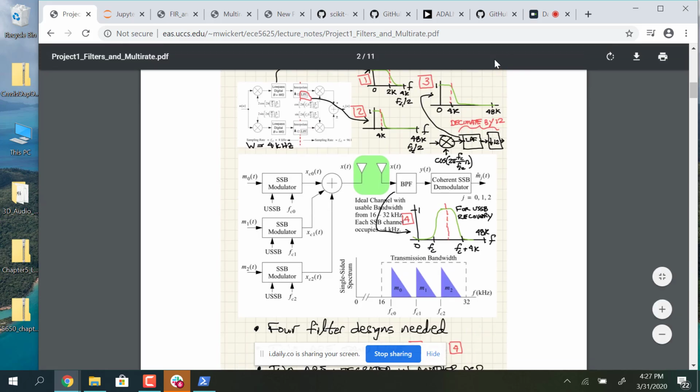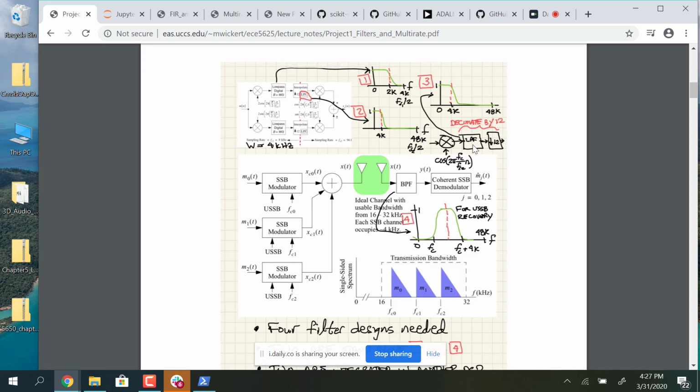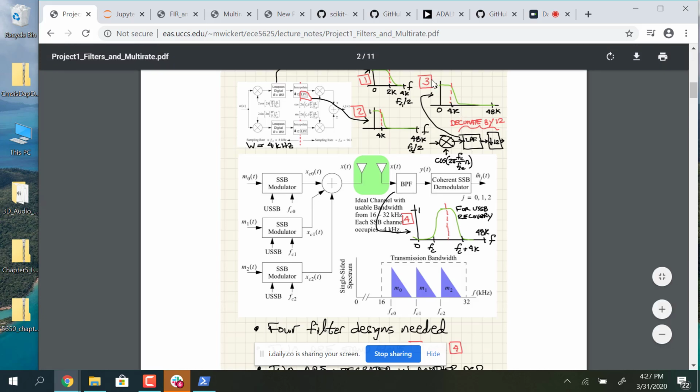And then the second two filters that you need are in the coherent demodulator. You need a low pass filter for a decimator that downsamples from 96K back to 8K, and that filter can serve both as the decimation low pass filter before you downsample by 12, and also as the low pass filter in your coherent demodulator. So that rolls up into one. That's filter 3.